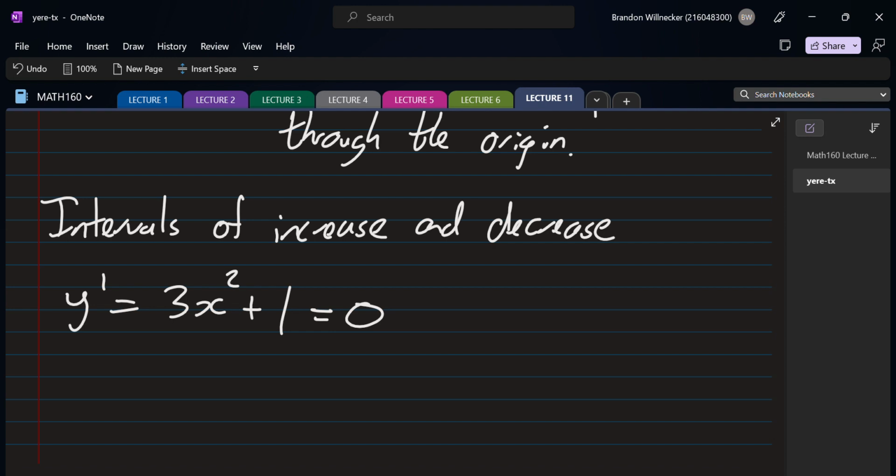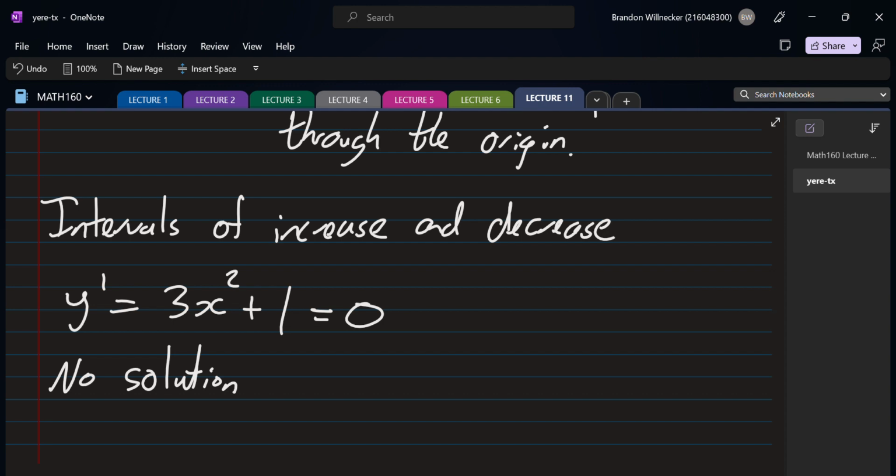Here we have 3x squared plus 1 equals 0. Looking at this for a little bit, we see that there's no solution. The left-hand side is always going to be positive. It's never going to be 0. So there's no solution for the turning points.